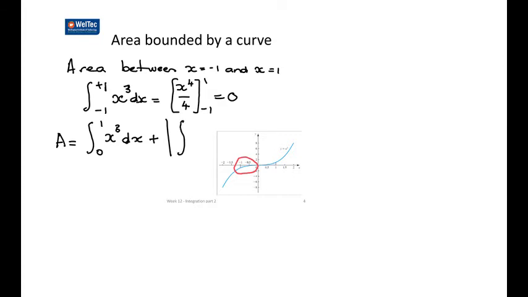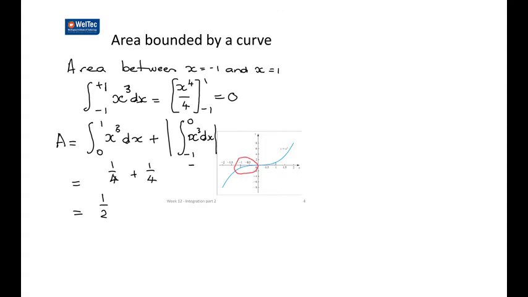So it's below the x-axis between -1 and 0. And now we've turned the right-hand term into a positive number, which it is, it's an area. Now when we do the calculations, we get 1/4 plus 1/4, which is 1/2, and that's more sensible in terms of the area.